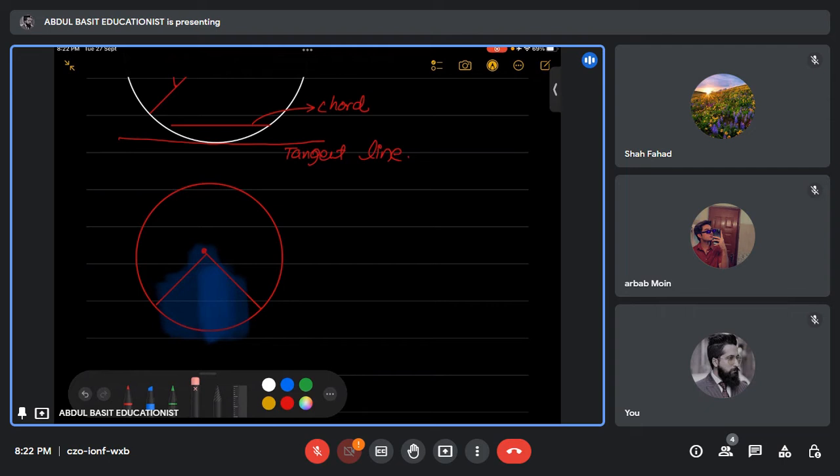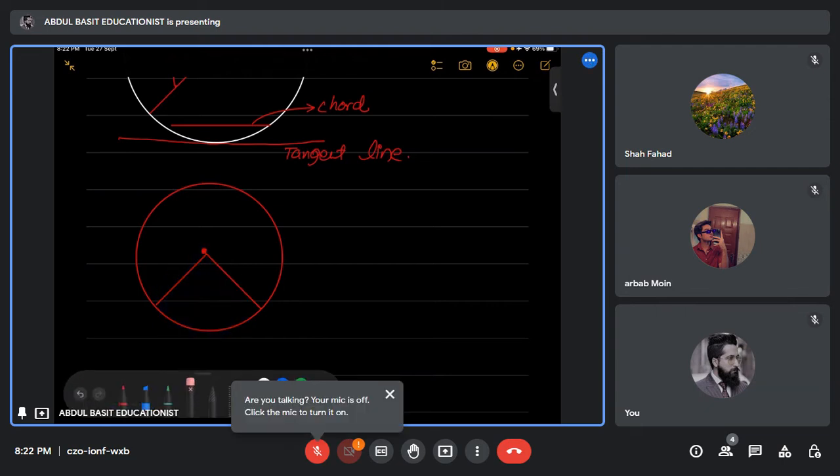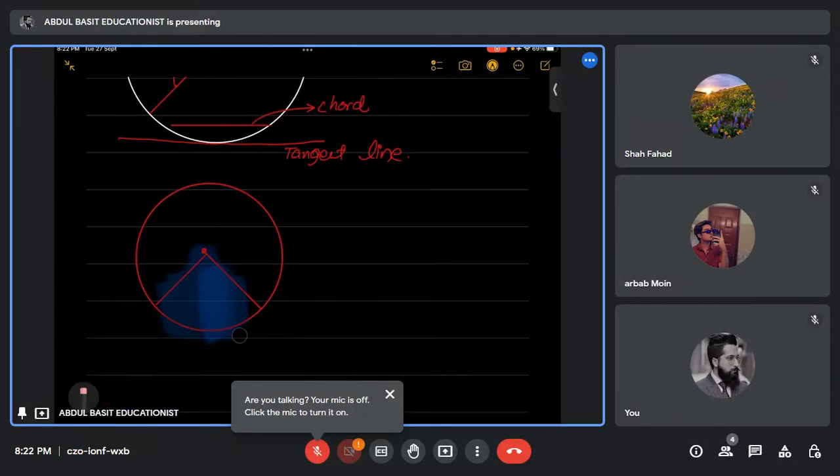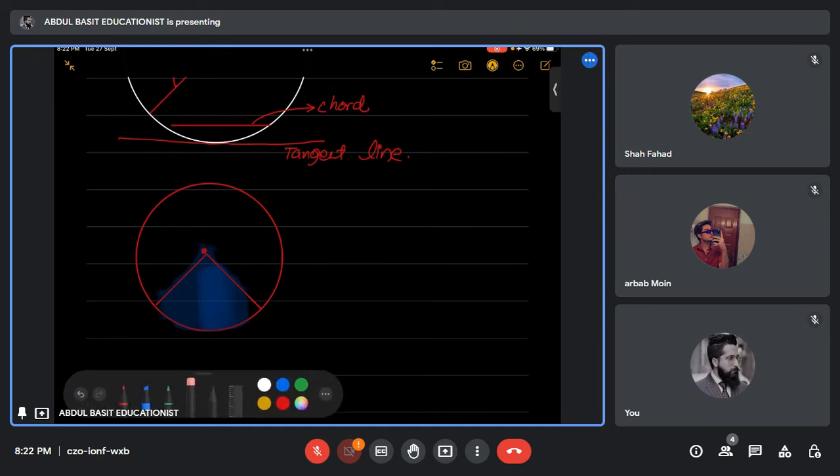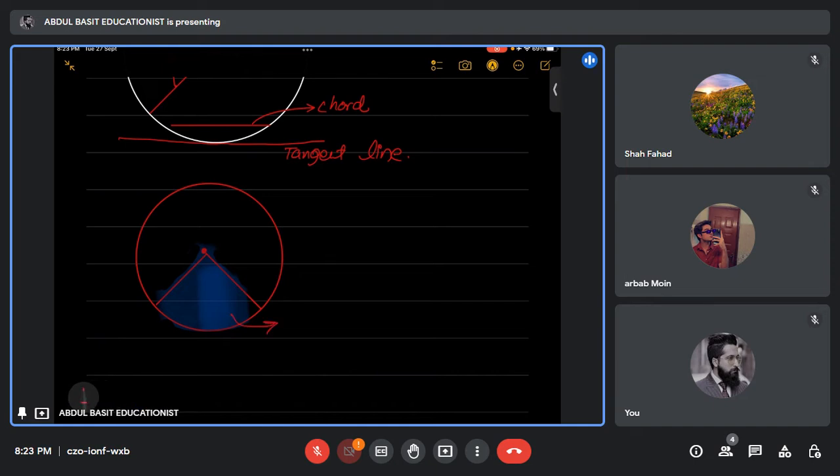The smaller arc is known as the minor arc of the circle, and the larger arc is known as the major arc of the circle. So this part is my minor sector, and this part is my major sector.